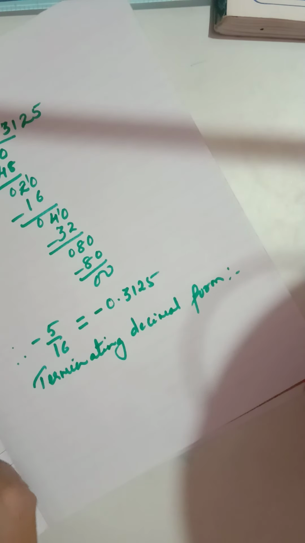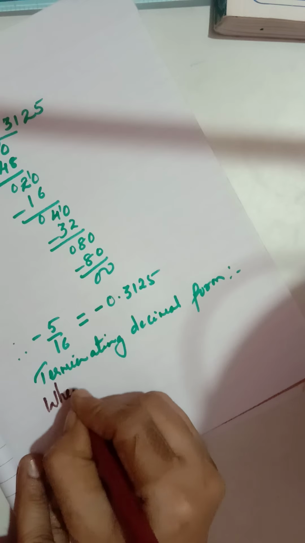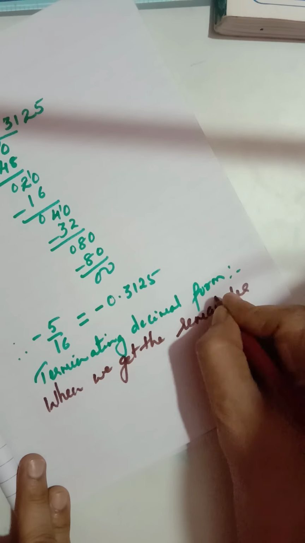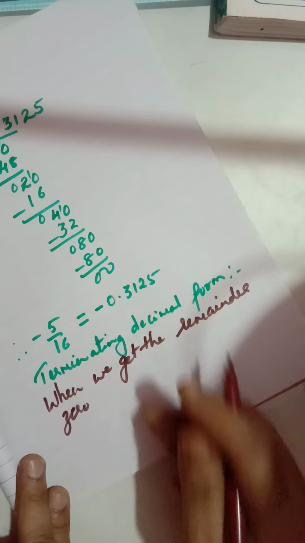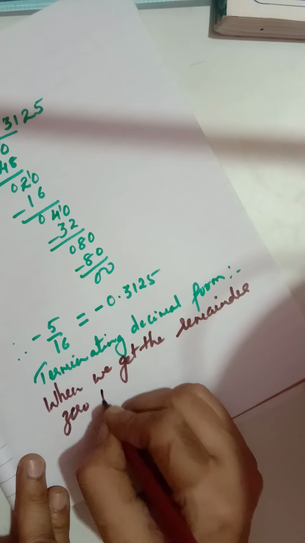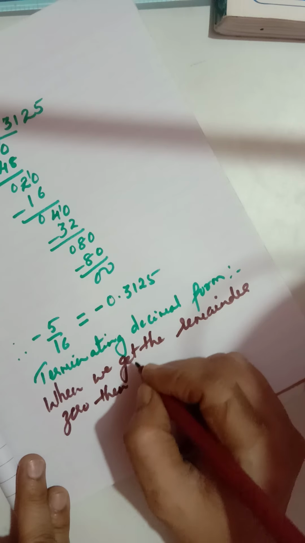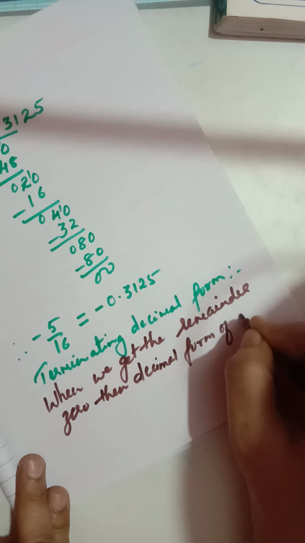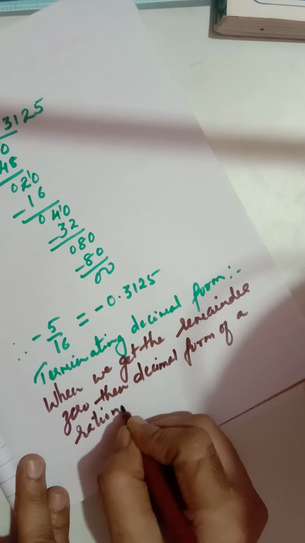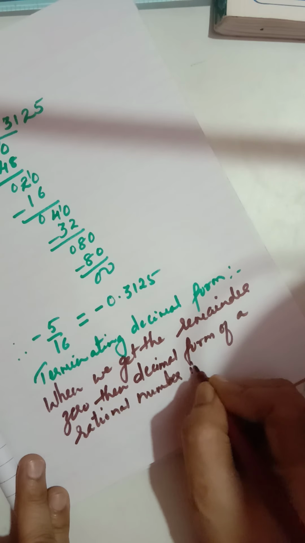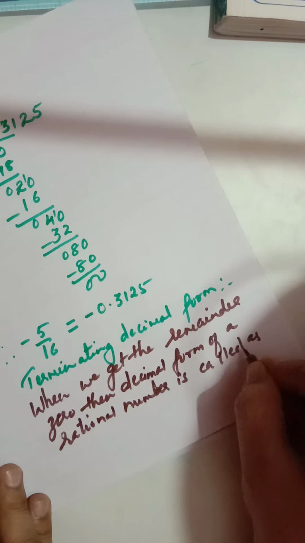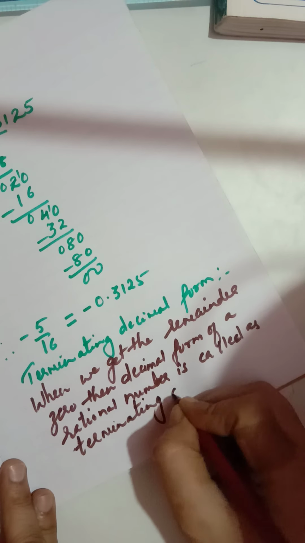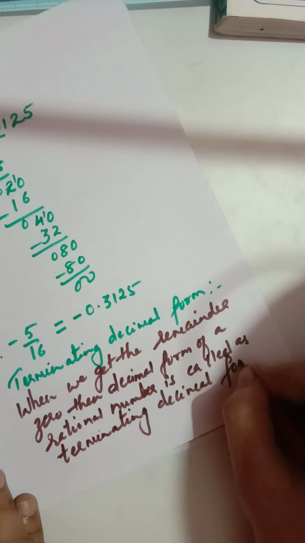When we get the remainder 0, then the decimal form of a rational number is called terminating decimal form.